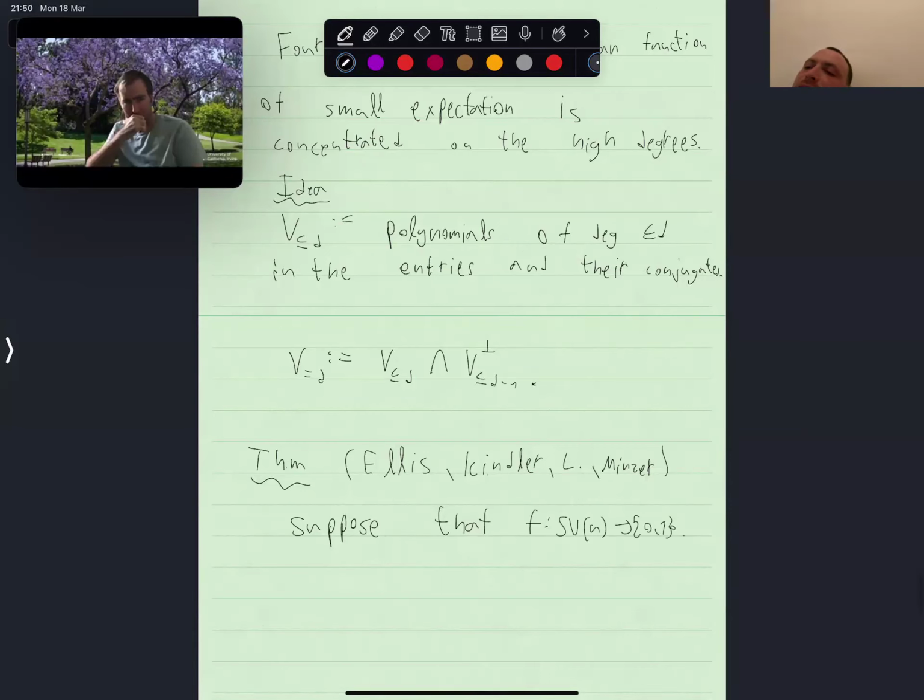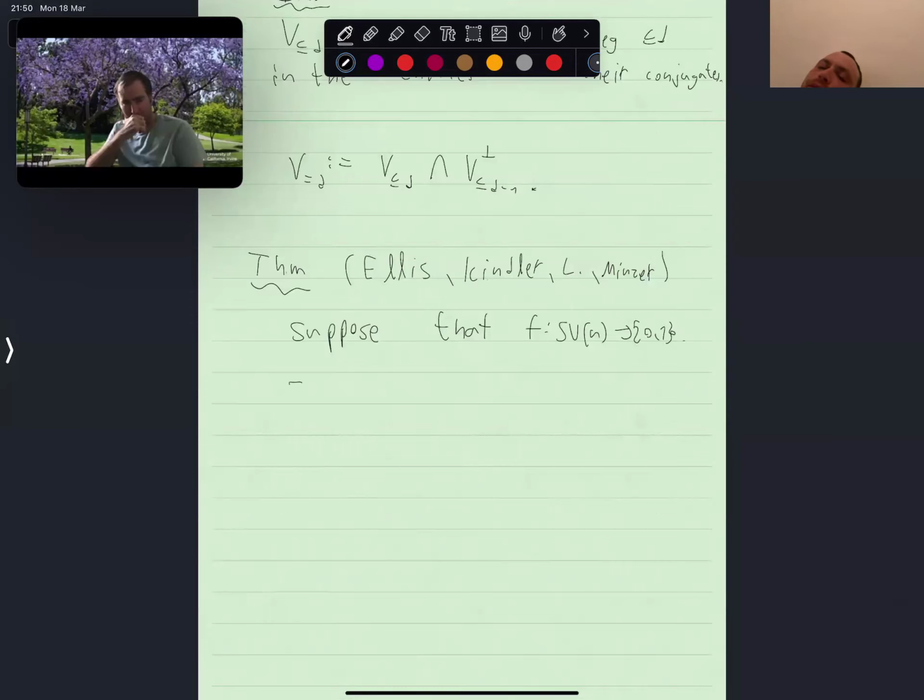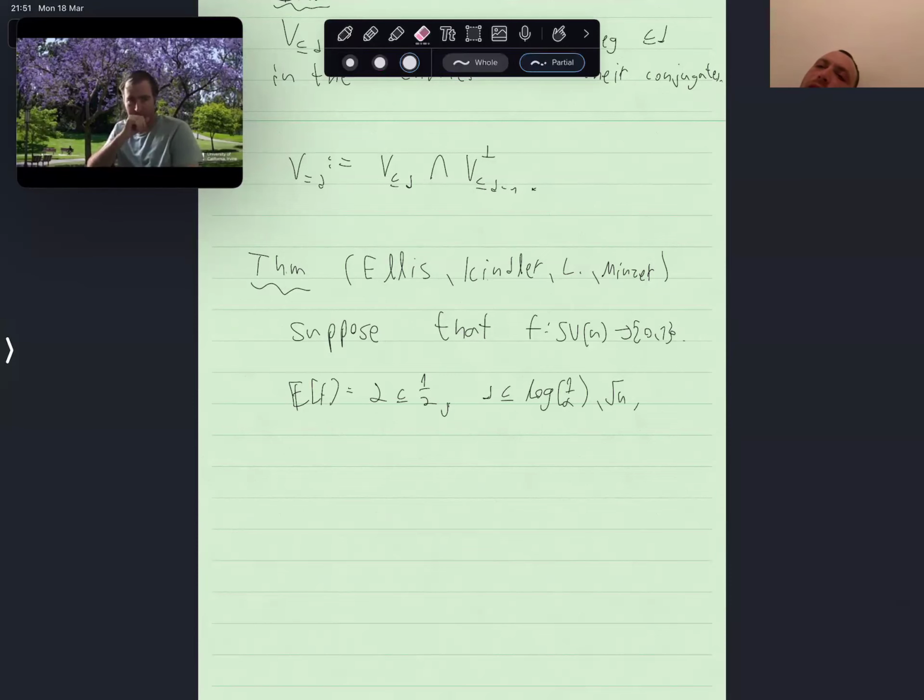So the indicator of some subset, and the expectation of F is some alpha smaller than 1/2, and D is at most log 1 over alpha, but also smaller than root n for some technical reason. Then you have the same inequality. So the same inequality means that when you project F to this space V equal to D, the two norms squared.